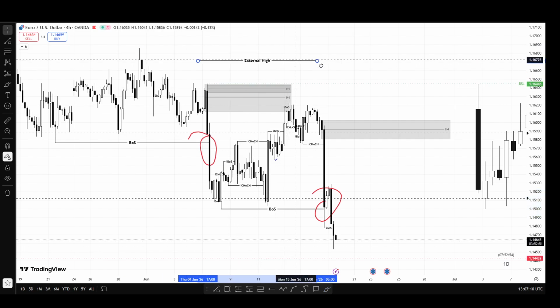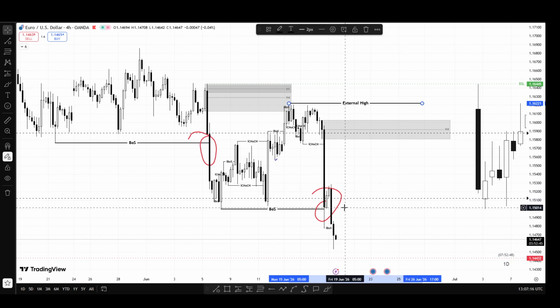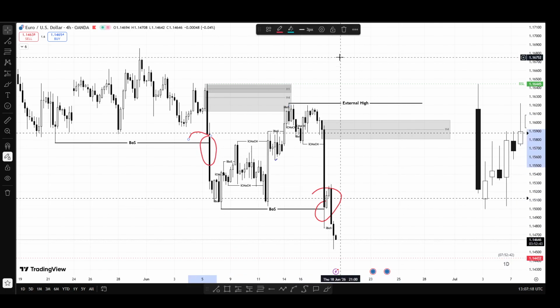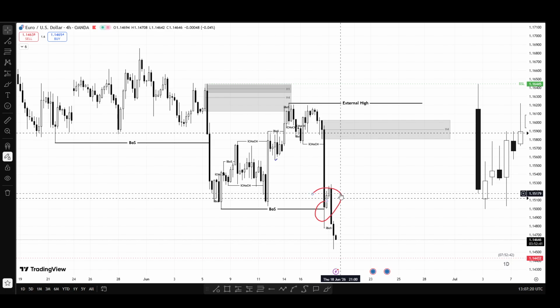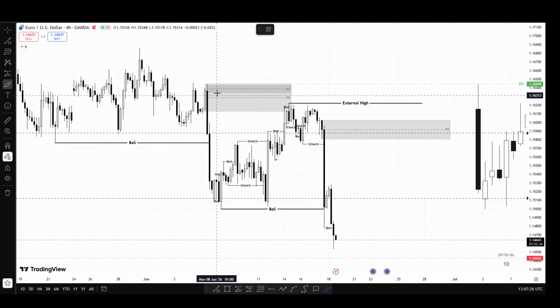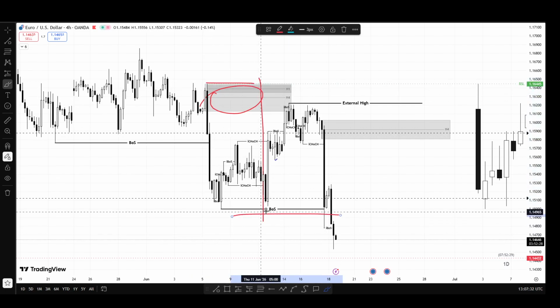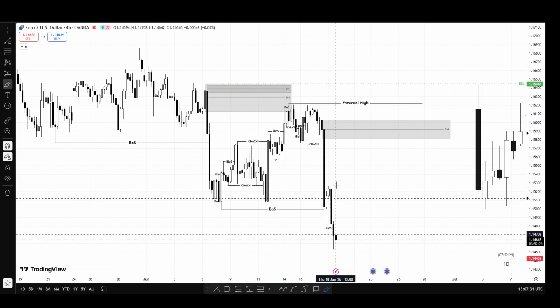So this is then our external high. We are yet to then create an external low, which is a weak low. All right. So after price mitigating this other block here, I was looking to get a sweep here before price then breaks this low.